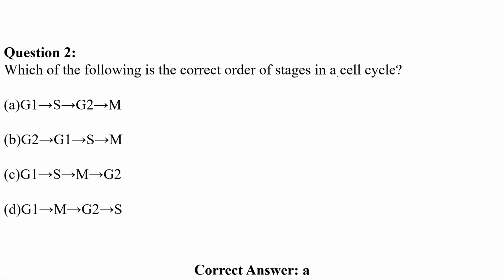You guys are right. So in a cell cycle, basically we have the G1 phase that goes to the S phase, then we have the G2 phase and then we have the M phase. What are these phases? Basically when we have a cell, let's say I have a cell with the genetic material, that is DNA.